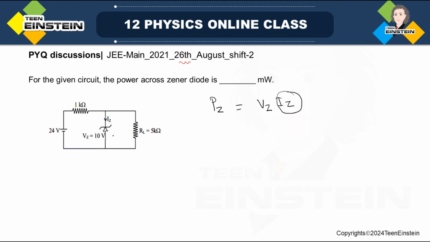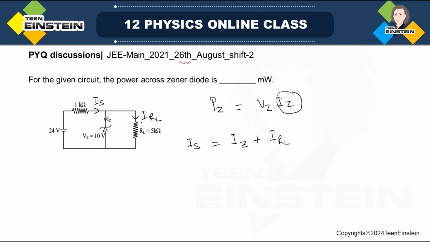Look here, as I said, the voltage drop across this RL and VZ are equal. The total current passing through this 1 kilo ohm resistor, let us say that is IS, is equal to IZ plus IRL. So this IS is divided into these two branches.